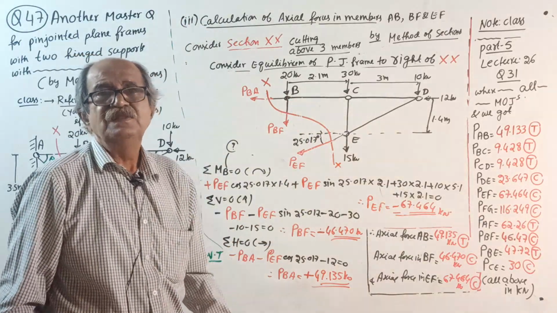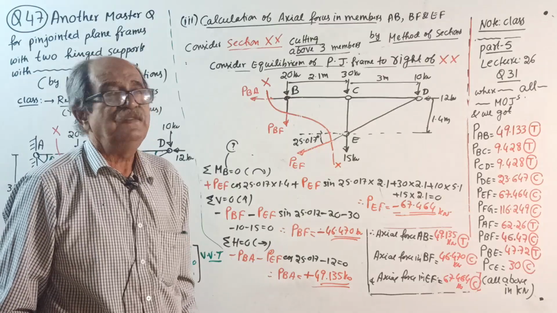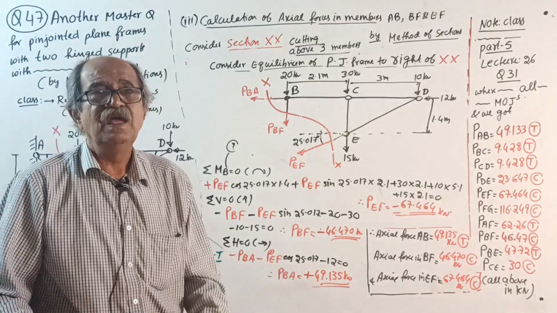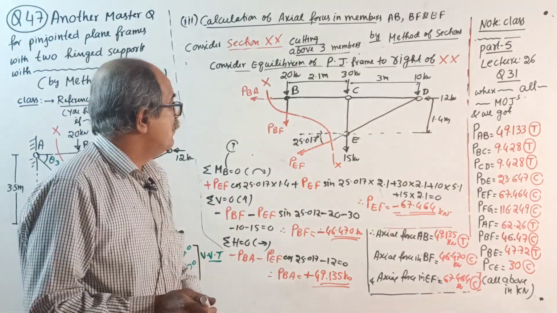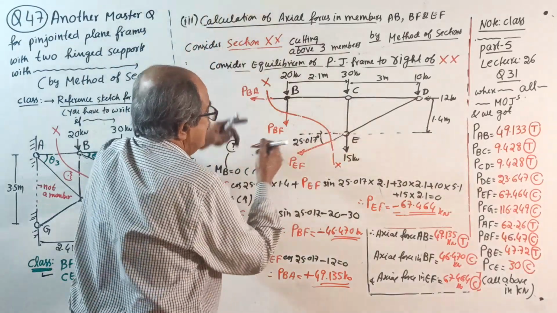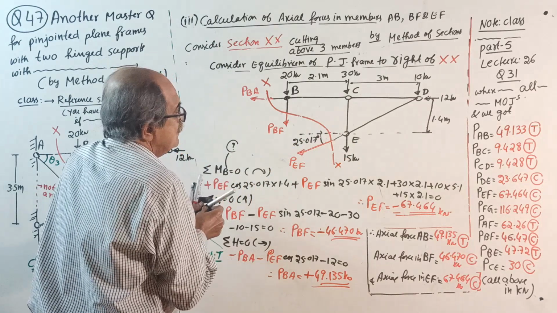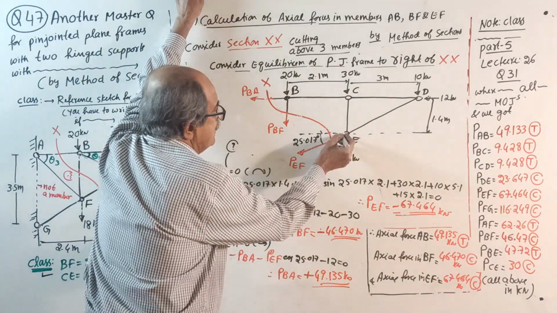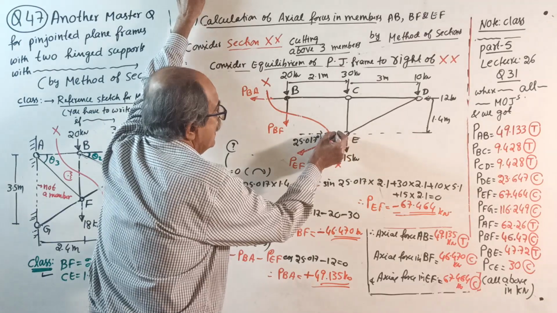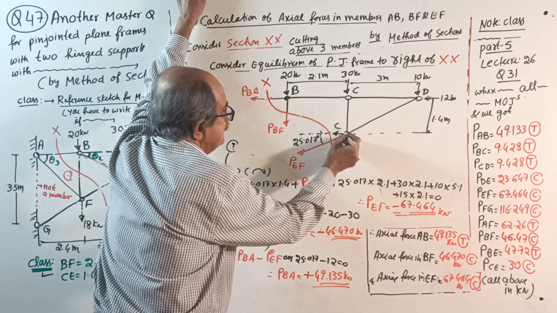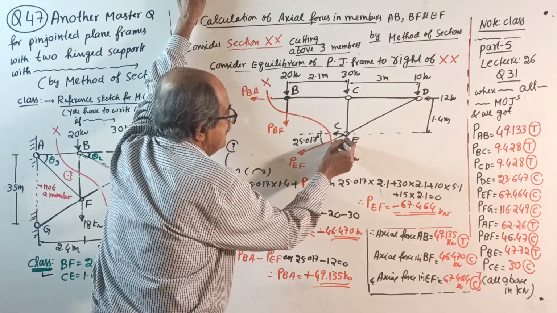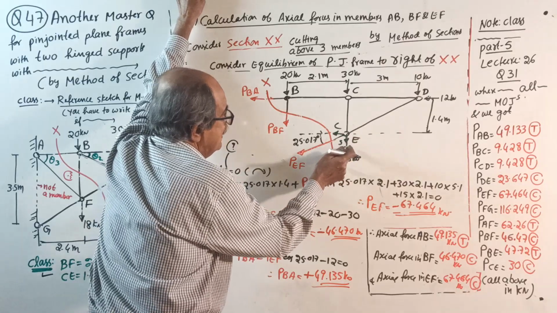If someone says, sir, I want that way, then try it. You are learning. But for general people, when such confusion is there, this inclined force passes through the point E. At any point where it passes, the horizontal component is cos, the vertical component is sine. This 15 is already there, extra.